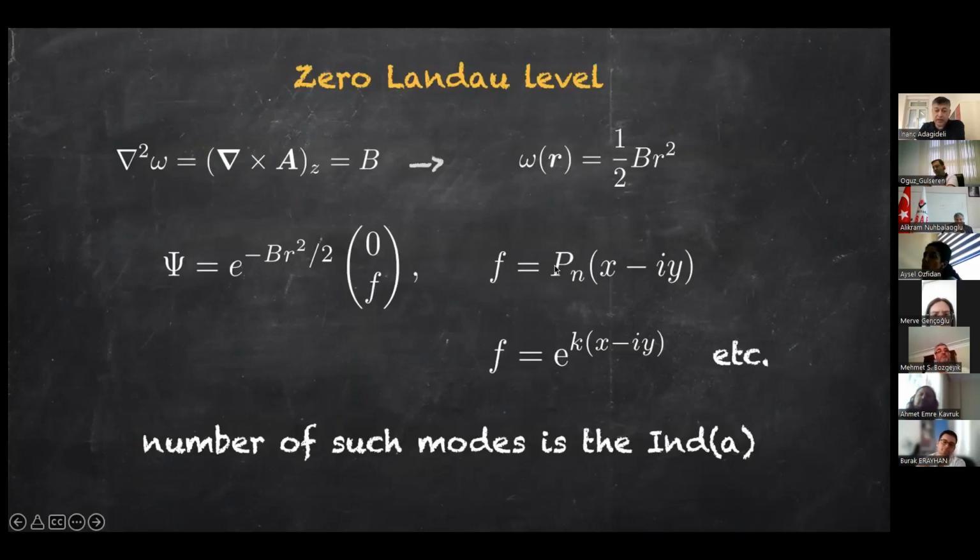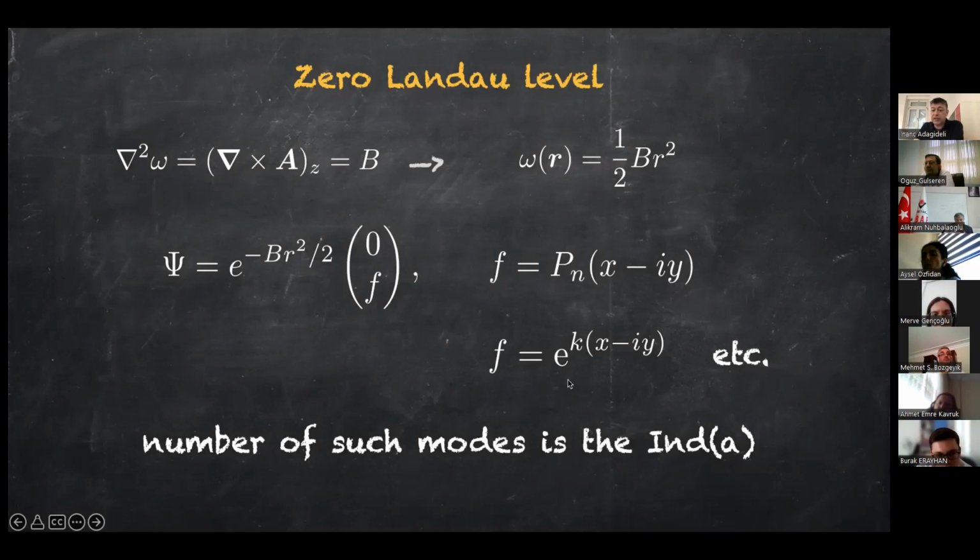Now the important thing here is that you can solve this very simply by looking at any polynomial in x minus iy, or any function looking like k x minus iy. I want the second form because I want to show you what actually is the key thing about this prefactor. Remember that a solution of sigma dot P alone won't be permissible because it will be divergent. Only because of this chiral gauge transformation do I have this prefactor e to the B R squared.